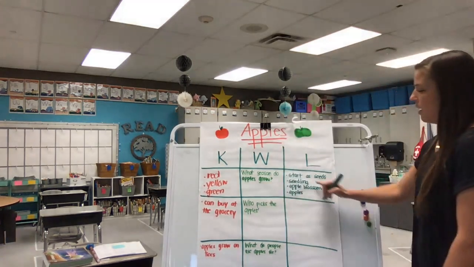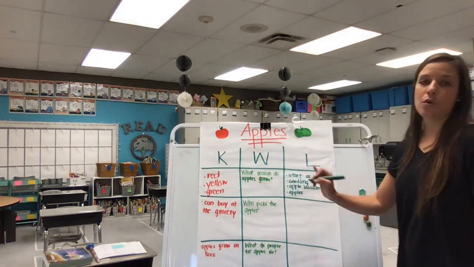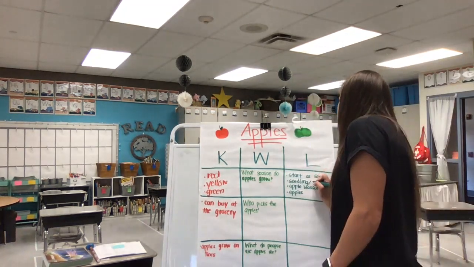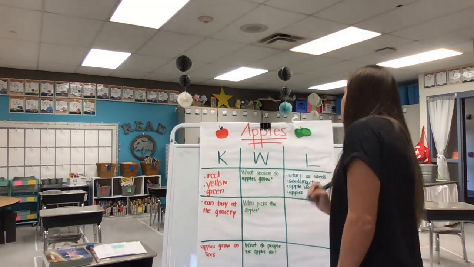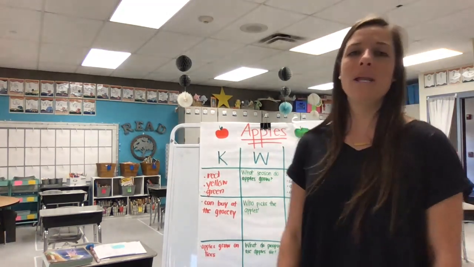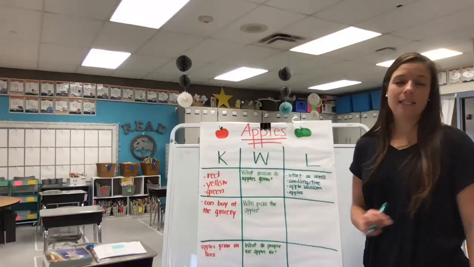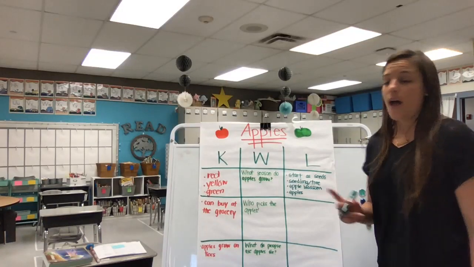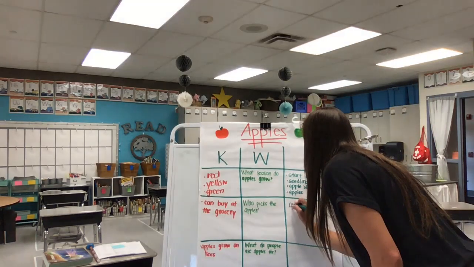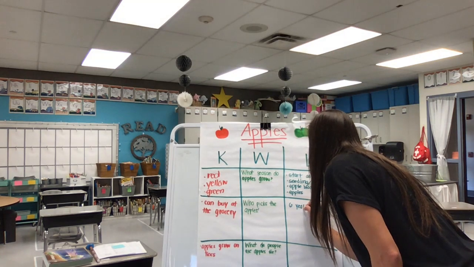Very good. And we should say too, the seedling grows into a tree, which then grows the apple blossoms. And how many years did it say that it takes an apple tree to grow? Up to 6 years. 6 years for an apple tree to grow.